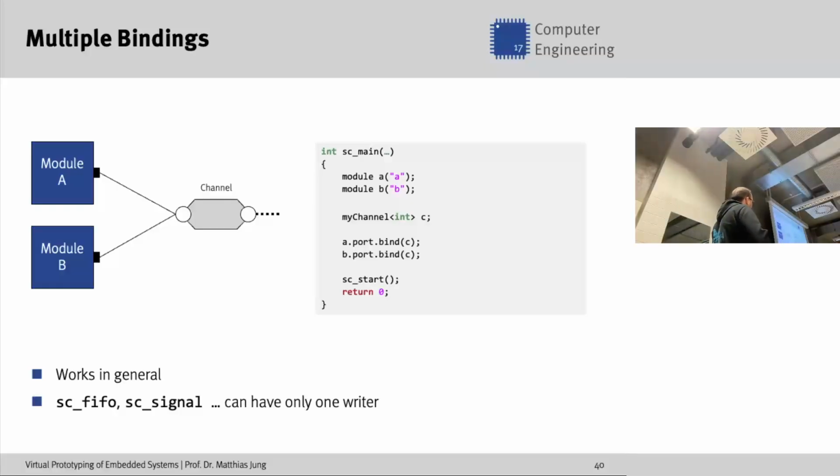There can be only 1 driver for a signal. And it also makes sense from the perspective that otherwise you cannot synthesize this in Verilog, and therefore they have the same concept here in SystemC as well.